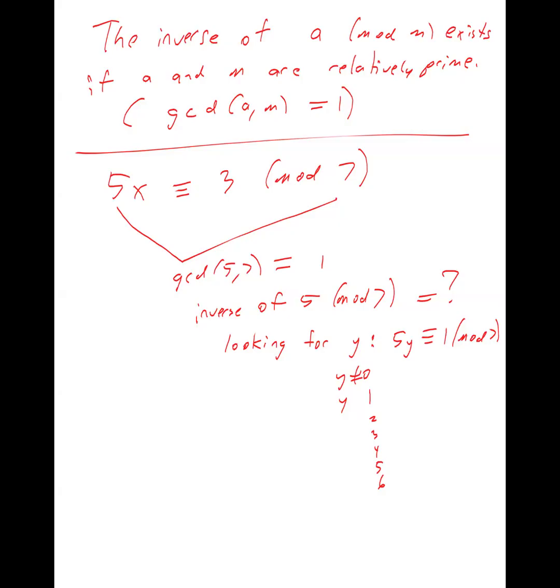It's not going to be 1. It's not going to be 2. It's not going to be 3. No, wait, is it going to be 3? It is 3, actually. 5 times 3 is 15. It is 3. Are you guys sure that this is not the same as the last example?